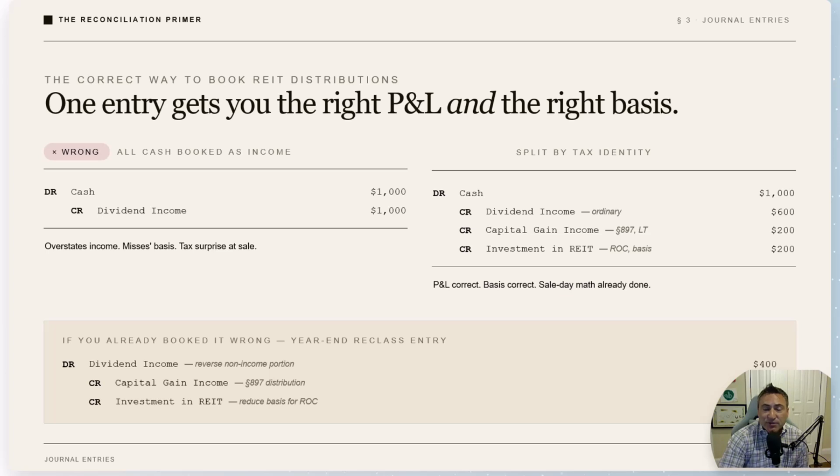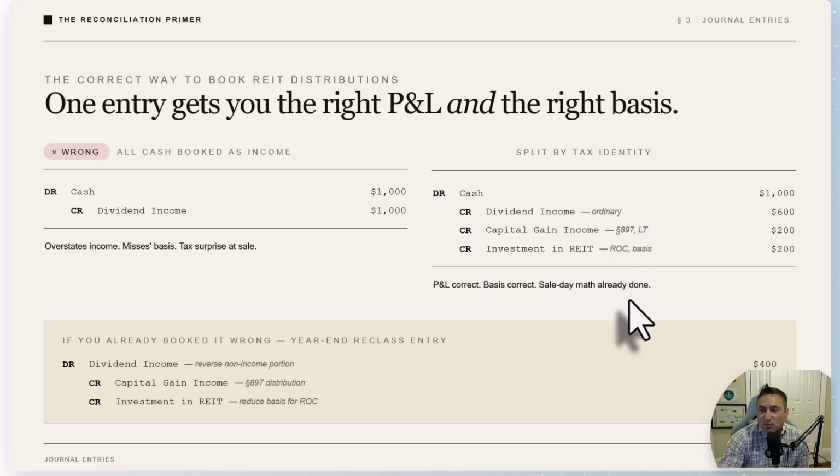If you're a journal entry type of person, this is kind of what's happening. Throughout the year, you get cash and you get dividend income. It's all booked the same, but it misses the basis and the nuances of the tax implications. But if you want to split it by tax identity, you have to go in and take the cash and say, okay, what's ordinary? What's 897? What's a return of capital?